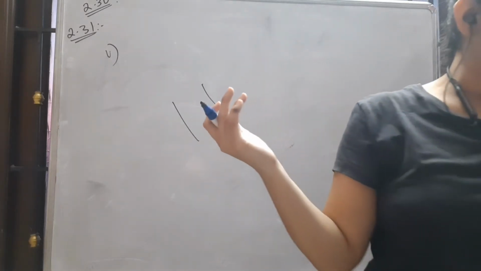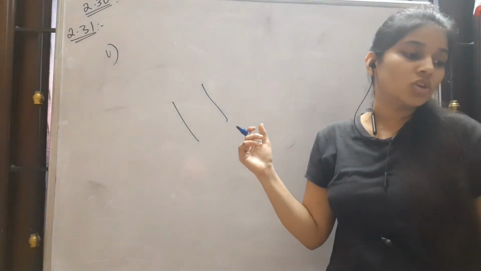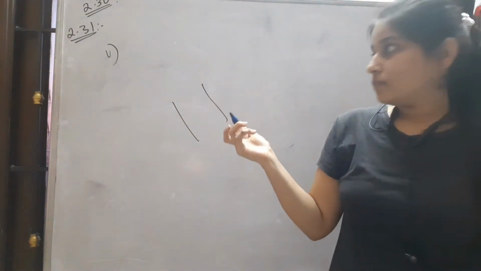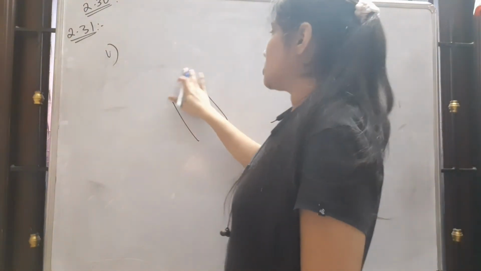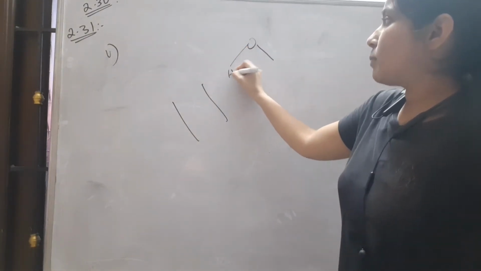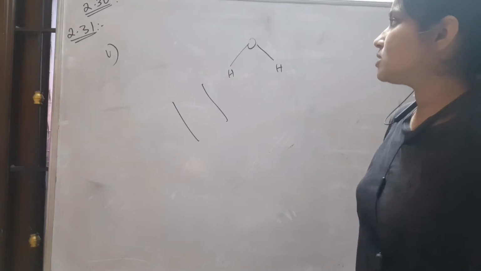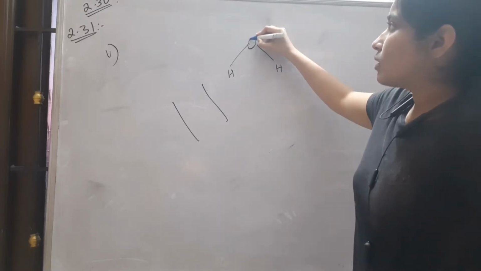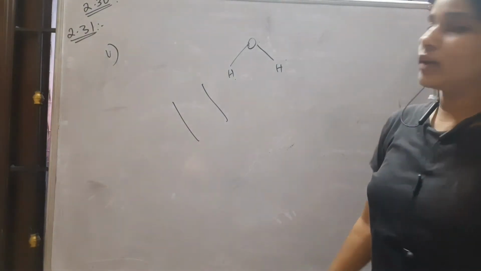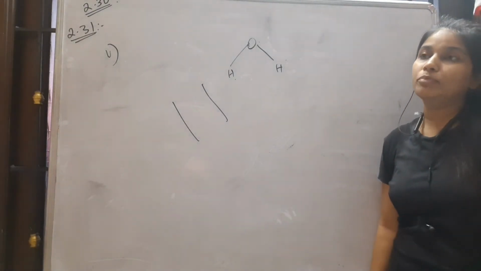Guess a possible reason why water has much greater dielectric constant than mica. Water, first of all, is bent in shape. The shape of water is bent like this, and the two OH bonds are highly polar.